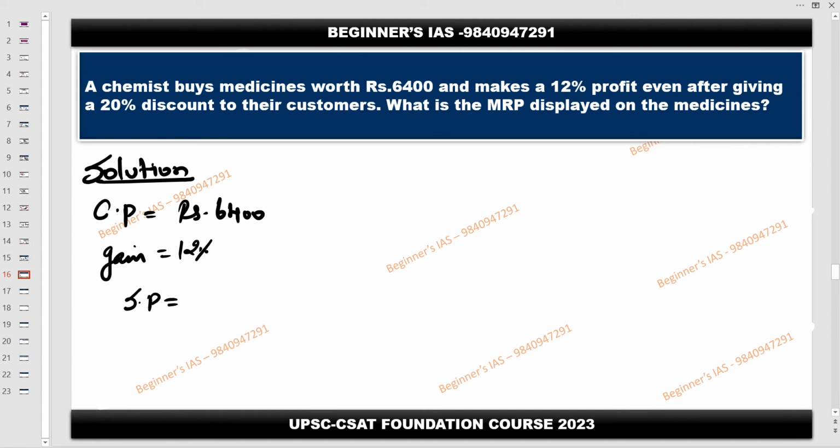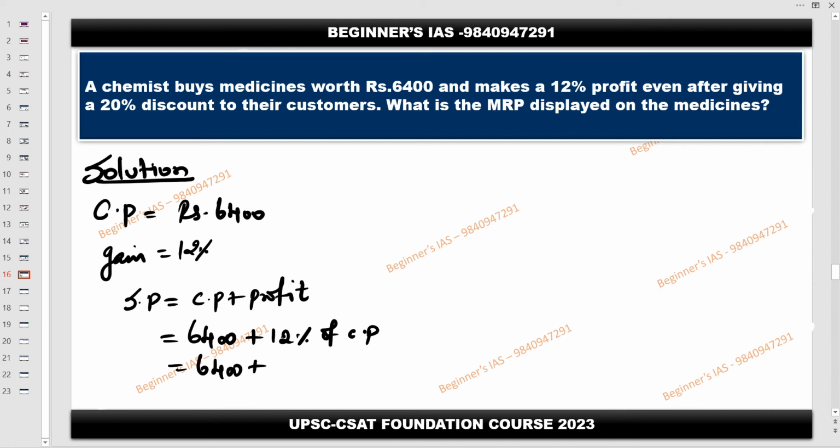If the gain is 12%, what is going to be the selling price? The selling price is going to be the CP plus profit. The CP is 6400. The profit is 12% of CP. So 10% is 640, then another 2% is 128.